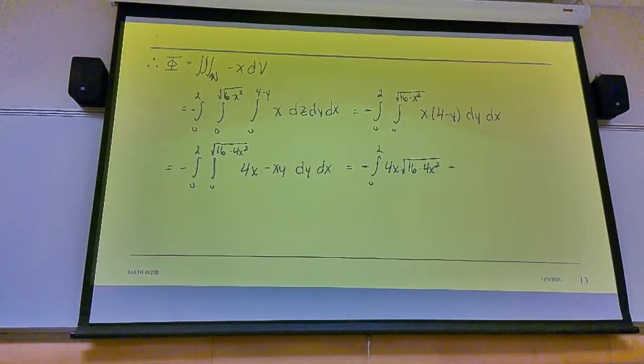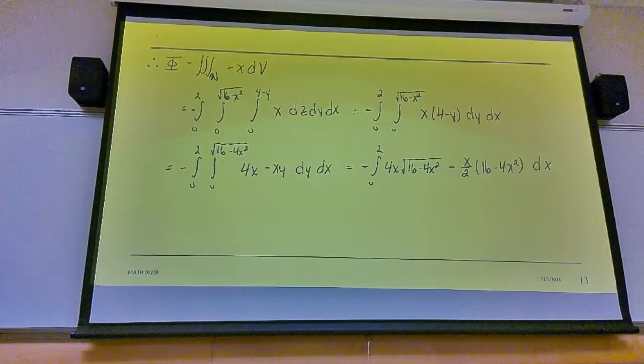But you're right. That's going to give us what? 2x cubed.